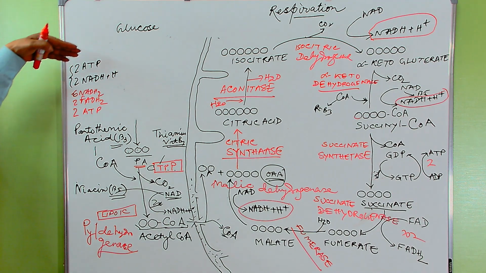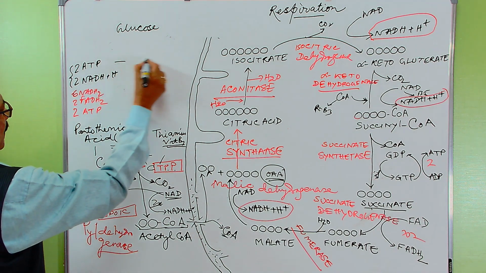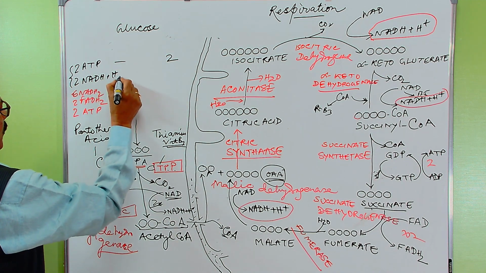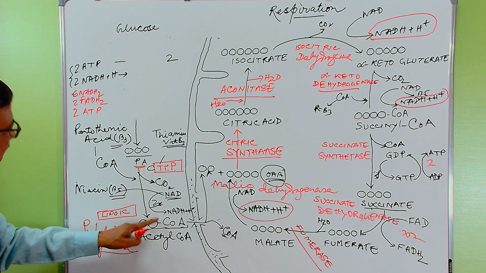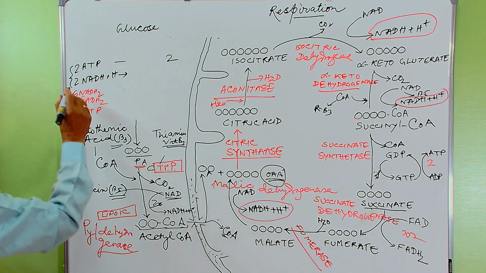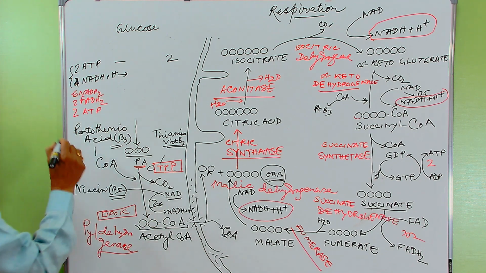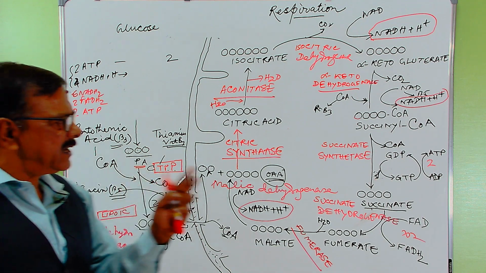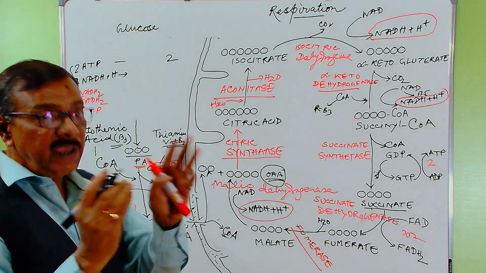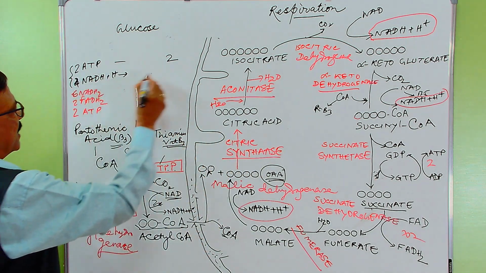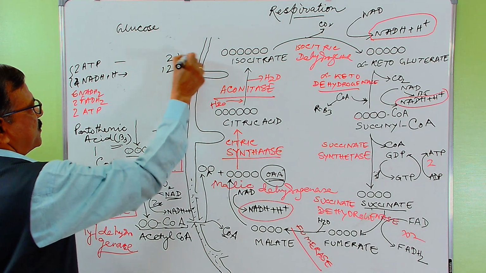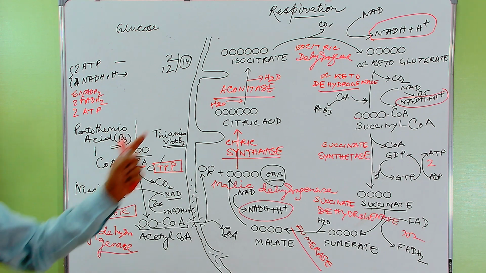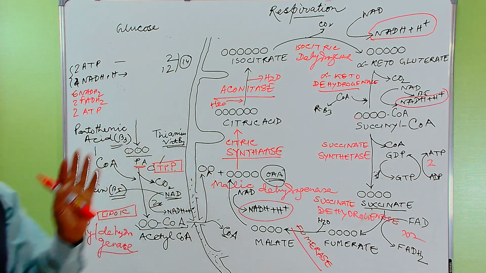What we need actually is 2 ATP here. 2 NADH2 here, and these 2 NADH2 make it 4 NADH2. 1 NADH2 will produce 3 ATP, so 3 fours are 12, and with the 2 ATP it is 14 ATP produced. 14 currency notes have been produced.